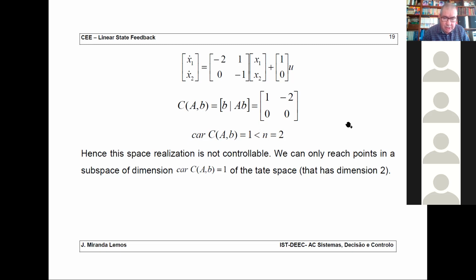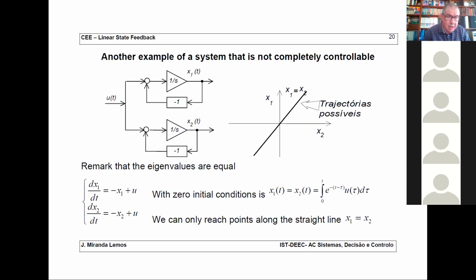Okay, let me show you another example before we end the class. Suppose now that we have two circuits or two systems that are similar, and now x1 and x2 swing together. They are always proportional.